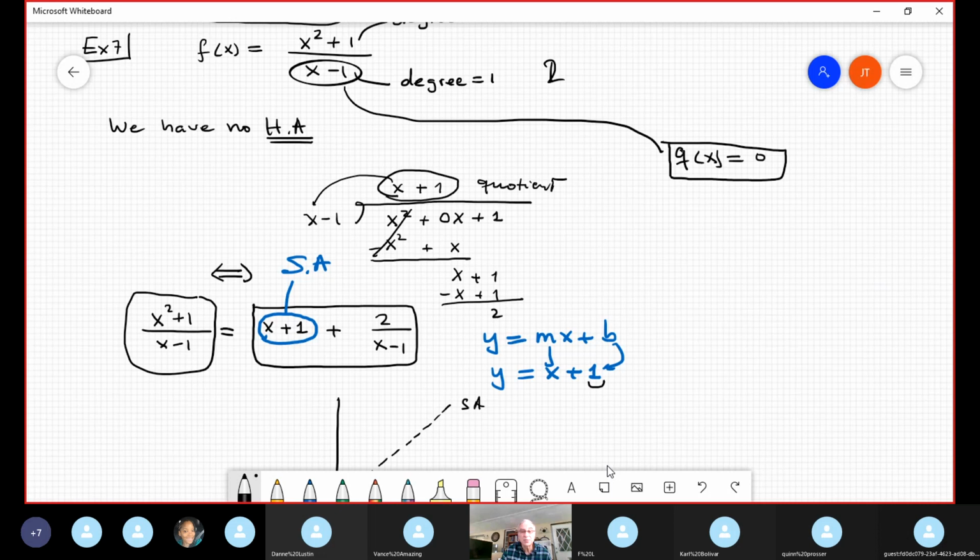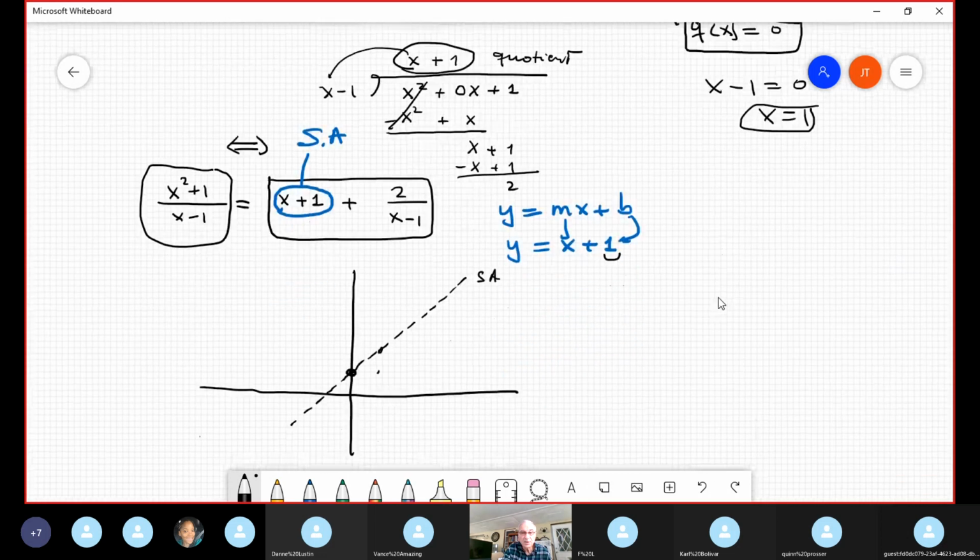You take the polynomial at the bottom, get x minus 1, you force it to be 0, and x equals 1, we have a vertical asymptote. So we have here at 1, this is the x-axis, this is the y-axis, and at 1 we have another asymptote, vertical. Now the graph contains slant and vertical.